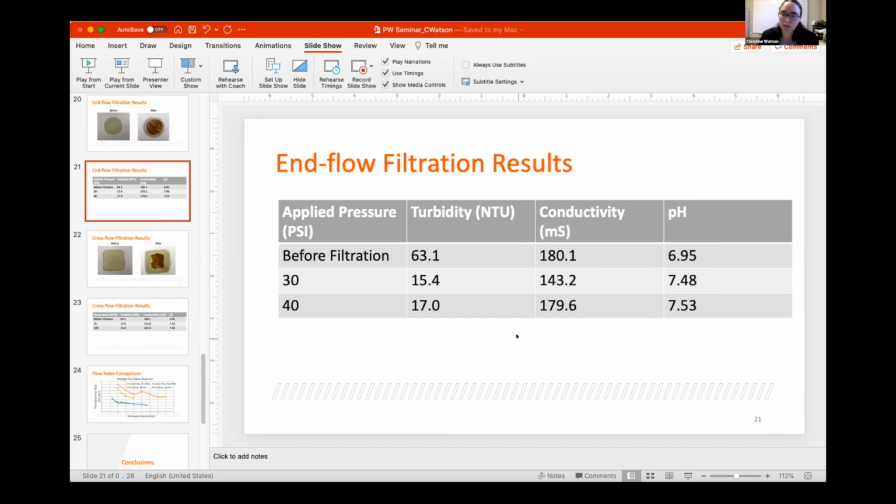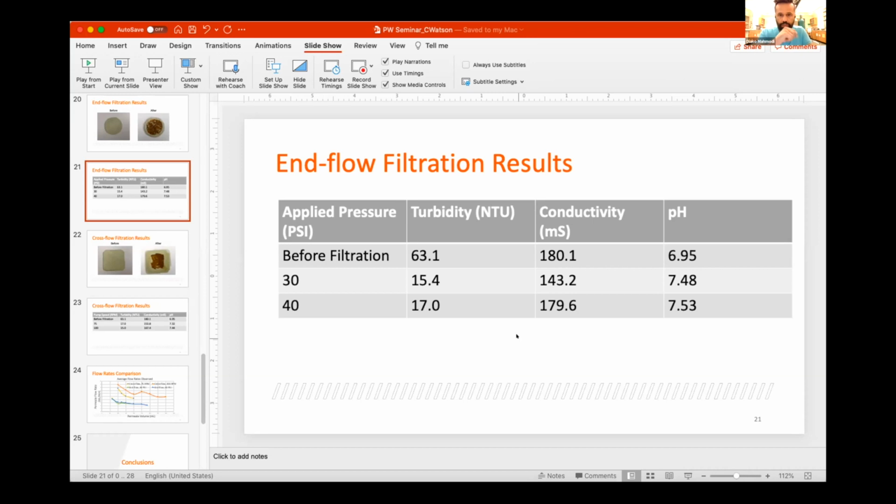We measured conductivity. TDS, total dissolved solids, is equal to the conductivity factor times the conductivity. Typically for produced water the conductivity factor is very high, so I wanted to measure that directly to get an accurate TDS measurement. That's also something we're working on right now.